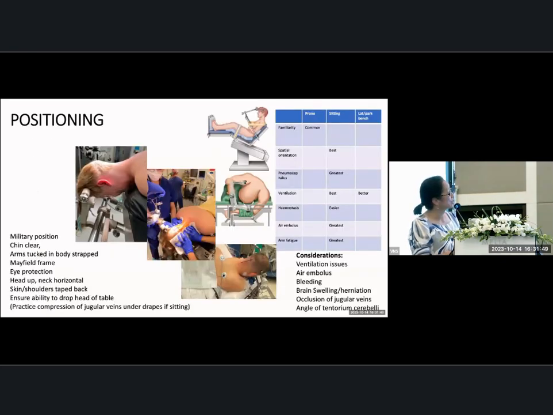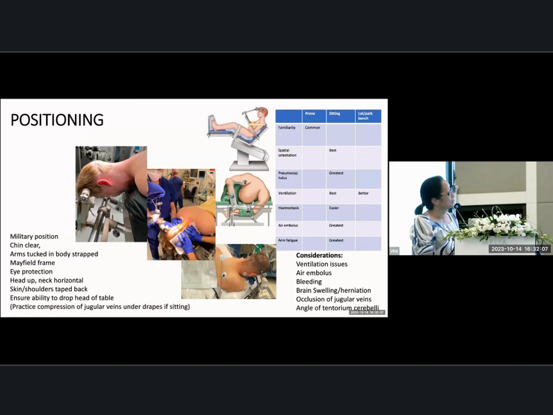So this position I do, I have my patients in prone position, but I can appreciate having a patient supine would be really good from a spatial orientation and anatomical perspective.